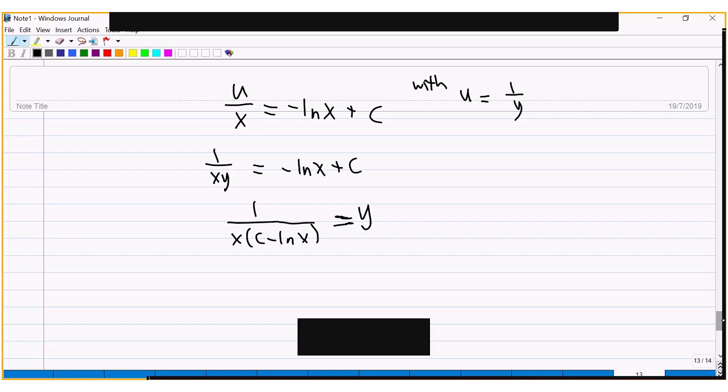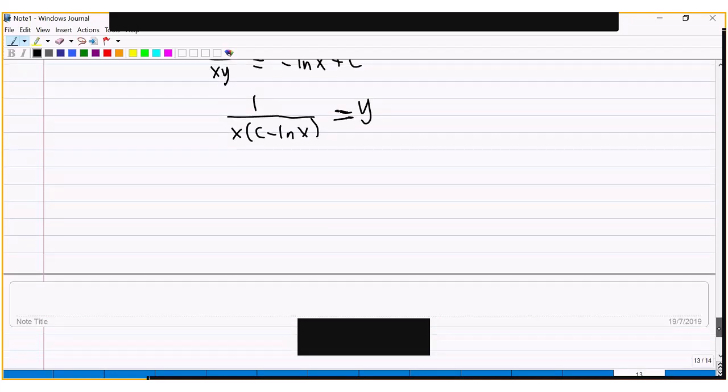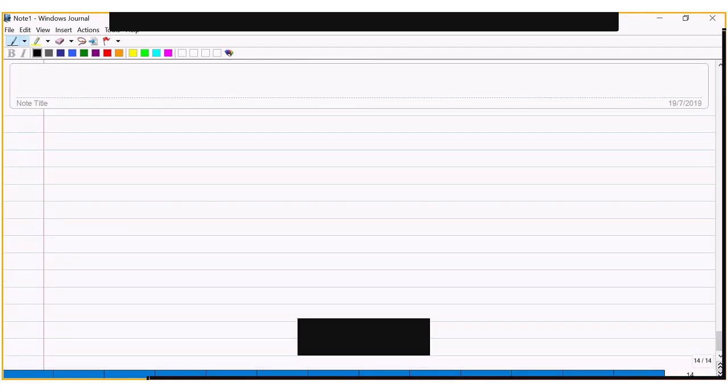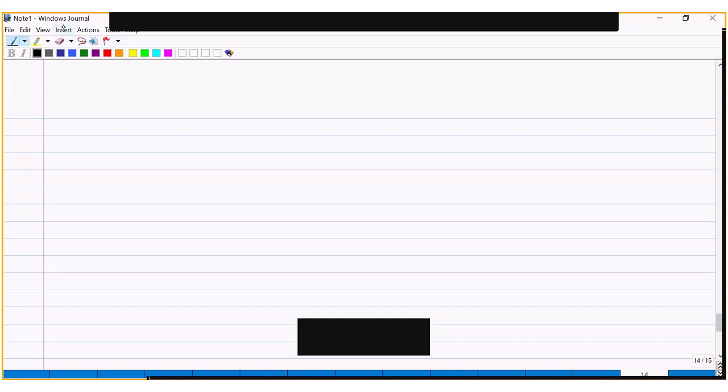If there is no issue, let's move on to the last type of first order differential equation. I'll need quite a bit of explanation because this is a different type of differential equation.